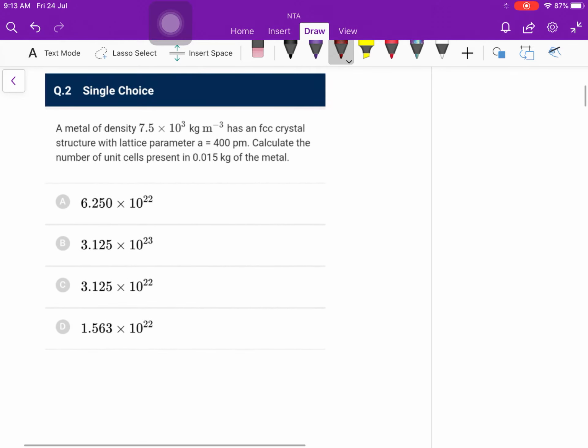Moving on to the second question, a metal of given density has an FCC crystal structure with lattice parameter a equal to 400 picometer. The density of the metal and the lattice parameter a have been given, so we can find the volume of the cell and calculate the number of unit cells present in this much mass of metal.